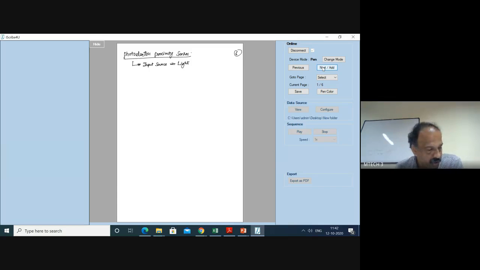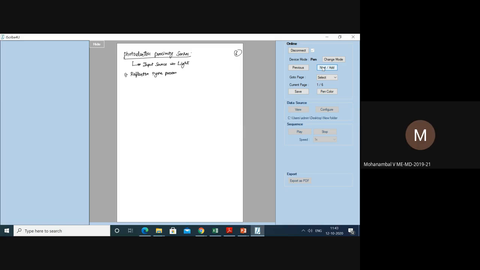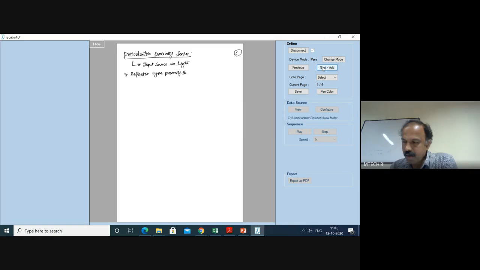Now here we have two methods. One is called the reflective type proximity sensor. How this works is simple. In the reflective type we have this setup.